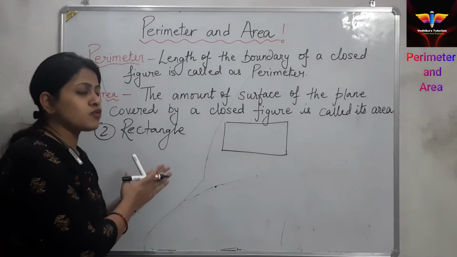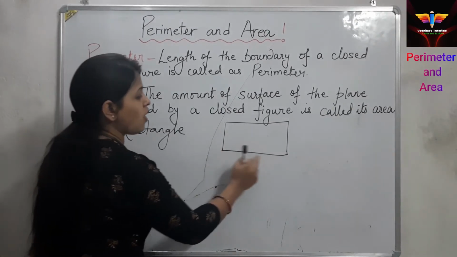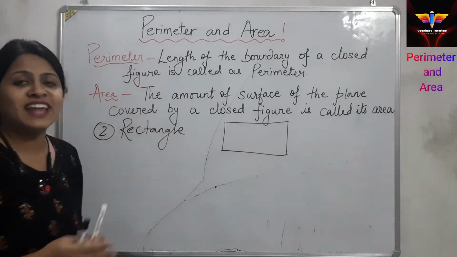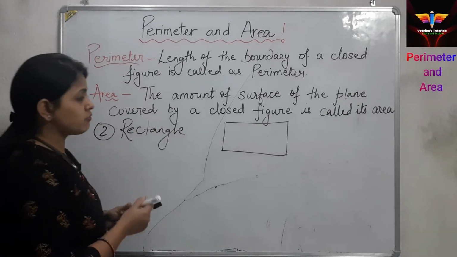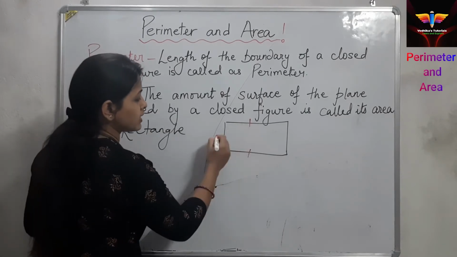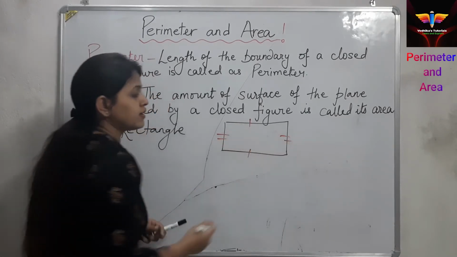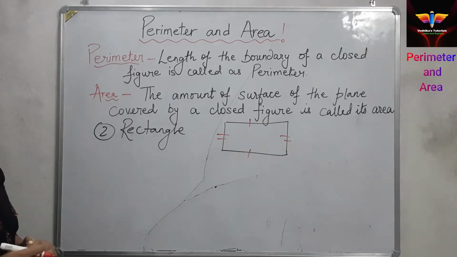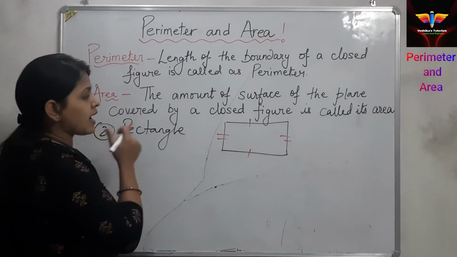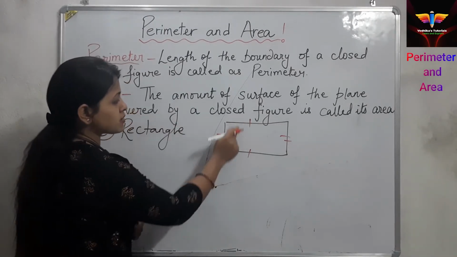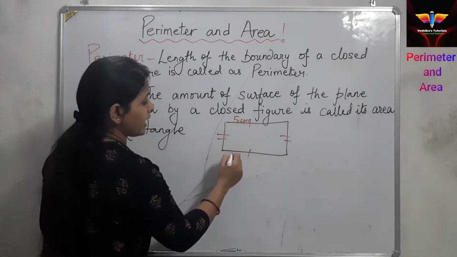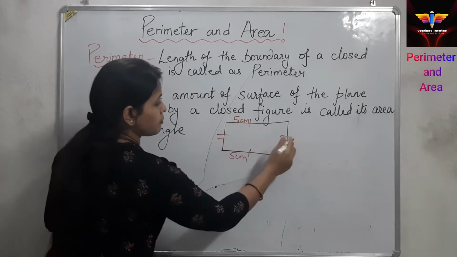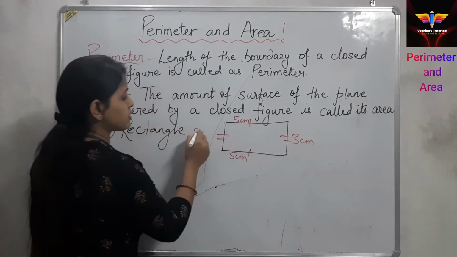So as in a square we have added all the 4 sides, in rectangle again we have to do the same thing, but here we know that the opposite sides are equal. In rectangle the opposite sides are equal. So suppose that here this side is of the length 5 centimeter, and its opposite is of length 3 centimeter.